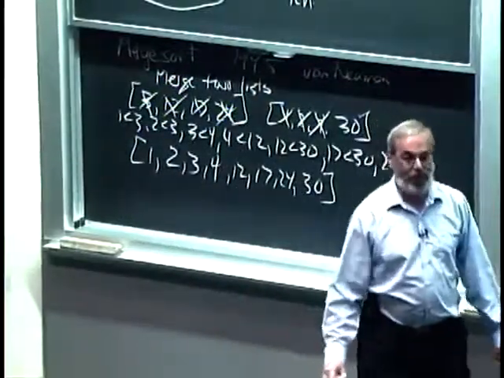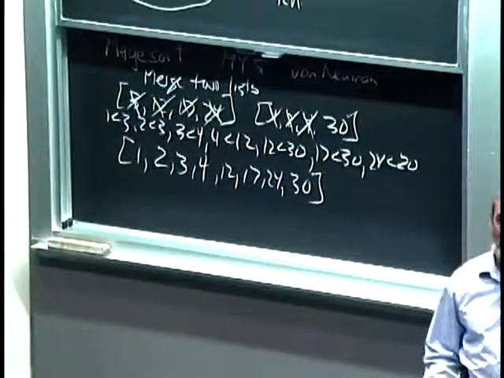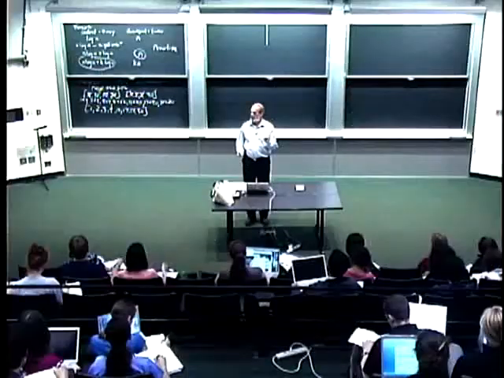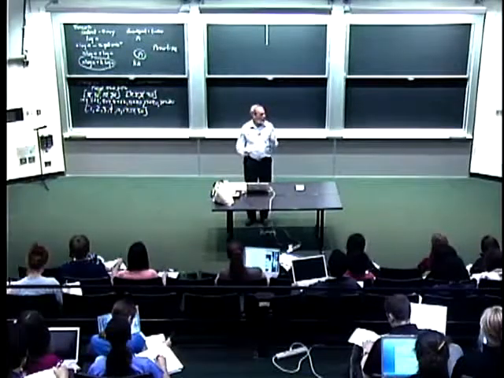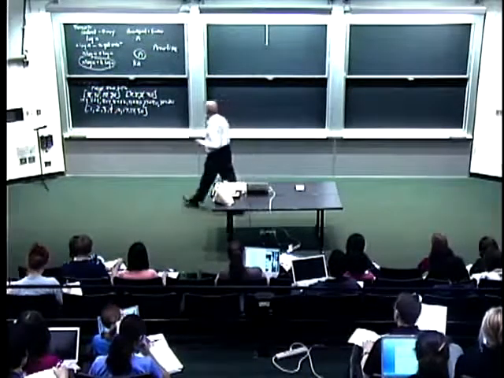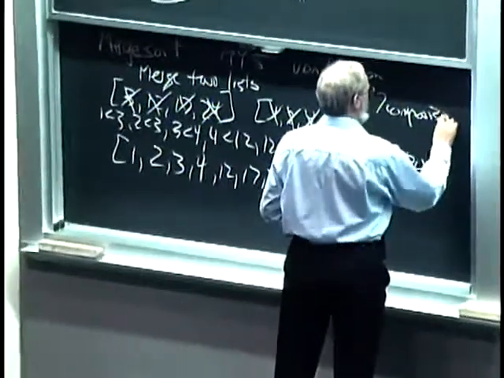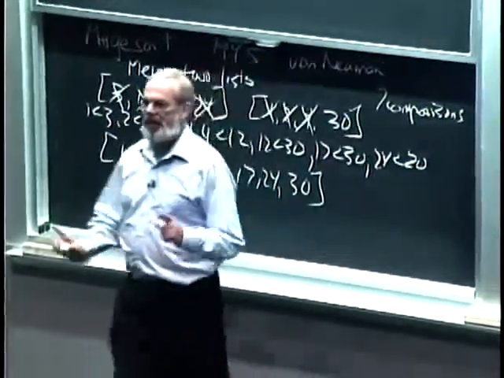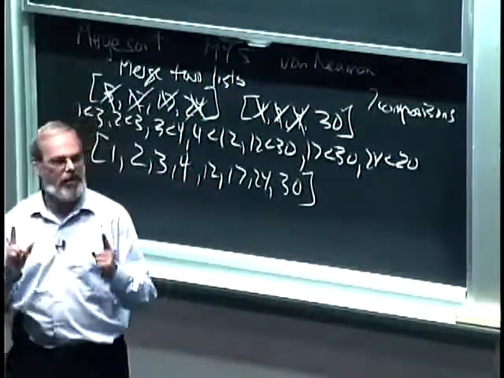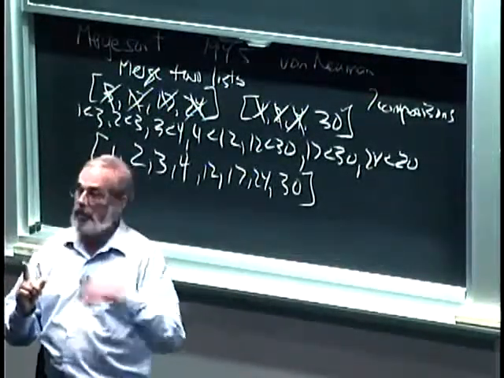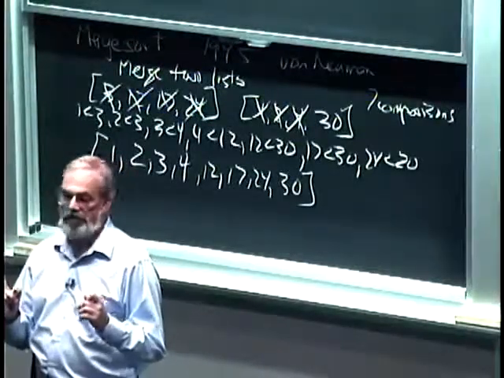Wow, I can merge 2 lists. What's the point? How many operations did it take me to do this? 7 comparisons, right? I've got 8 elements, and it took me 7 comparisons. Because I can take advantage of the fact that I only ever have to look at the first element of each sublist. Those are the only things I need to compare. And when I run out of one list, I just add the rest of the list in.